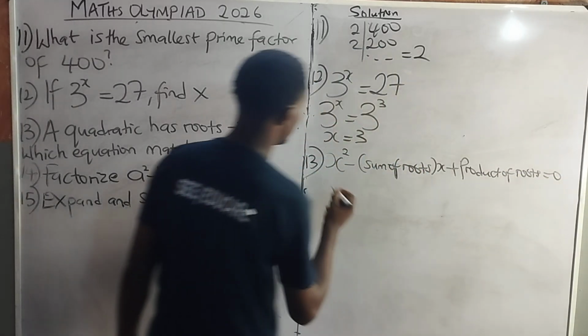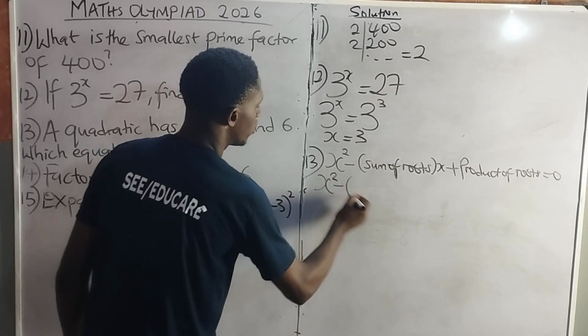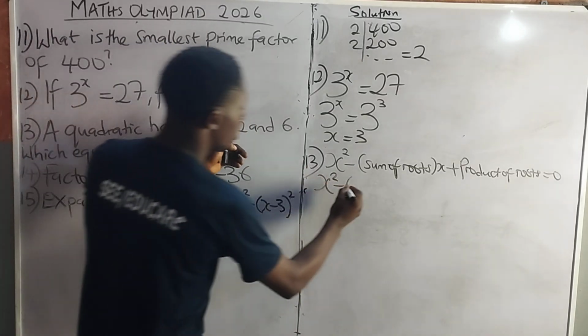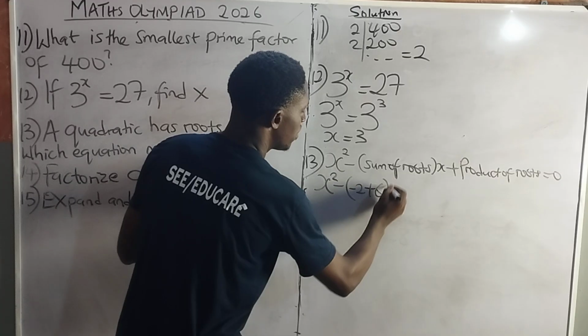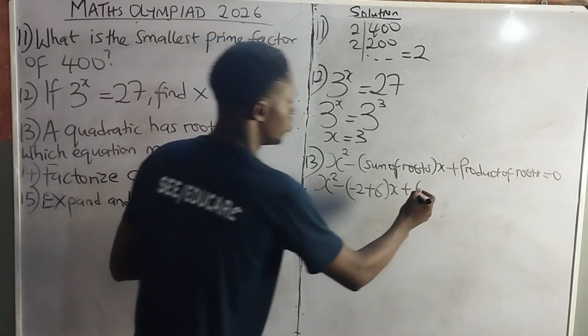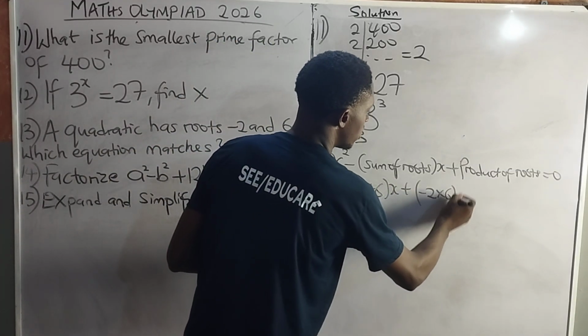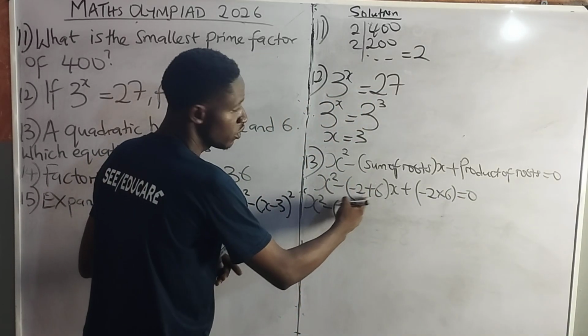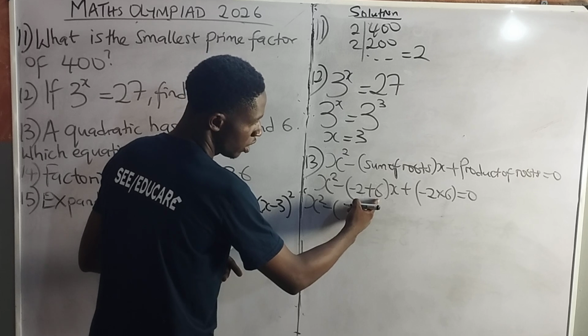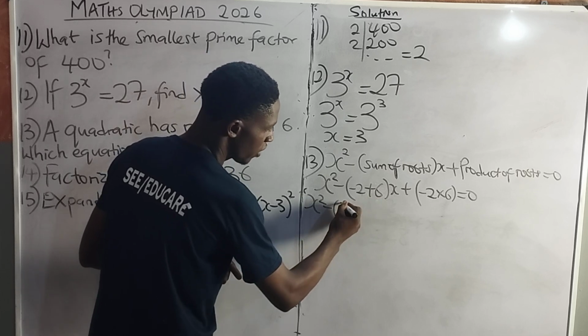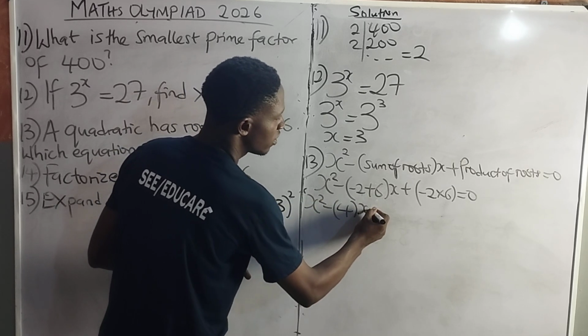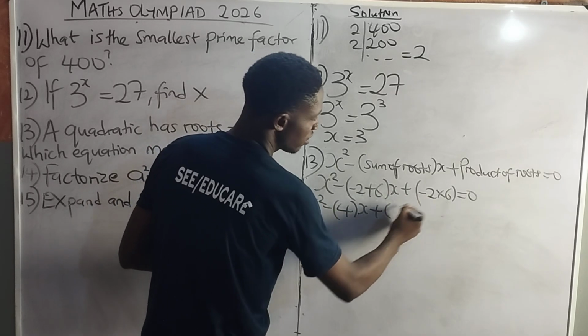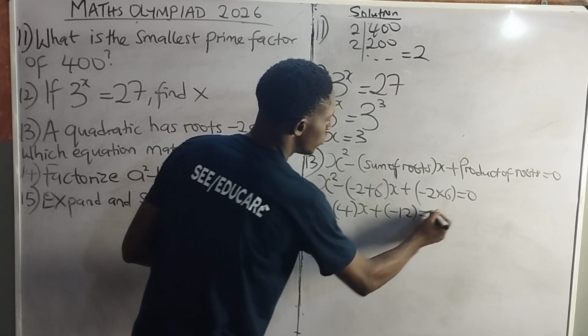So x squared minus, you add these roots, -2 plus 6, put x there, plus the product, you multiply, -2 times 6, is equal to 0. So x squared minus, -2 plus 6 is 4. So we have 4x, then plus bracket -2 times 6, which is -12, is equal to 0.